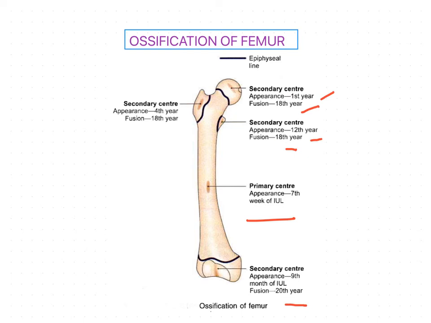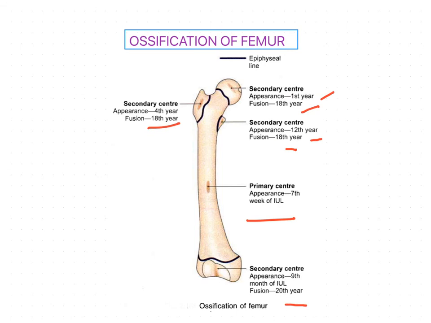The last, 4th secondary center, for the greater trochanter, appears by the 4th year and fuses by the 18th year. And the lower epiphysis fuses completely by the 20th year.